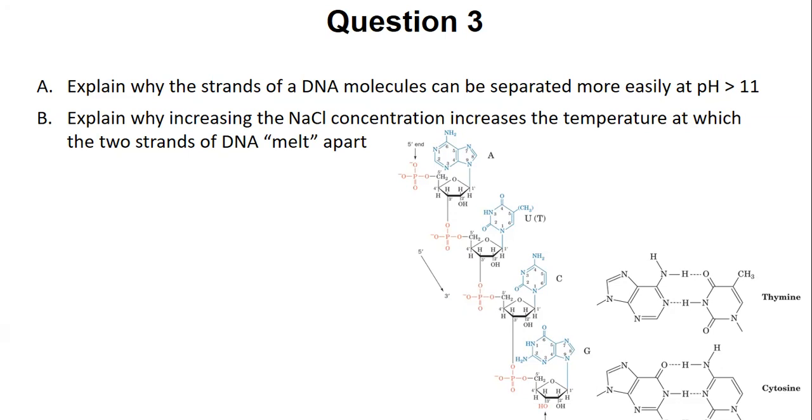So why is it easier to separate double-stranded DNA into single-stranded DNA if I raise the pH? And I'll open up this question to anyone. So if anyone has any ideas, feel free to either raise your hand or put it into chat. Why can I separate DNA easily at high pHs?